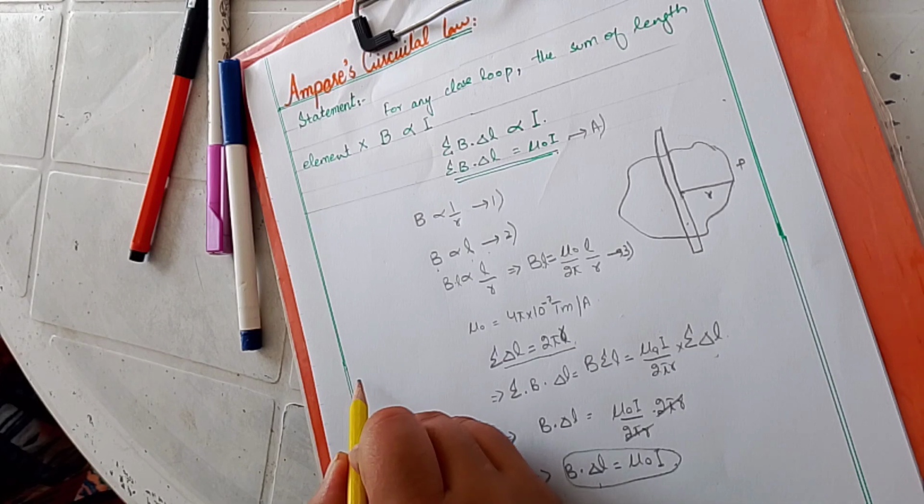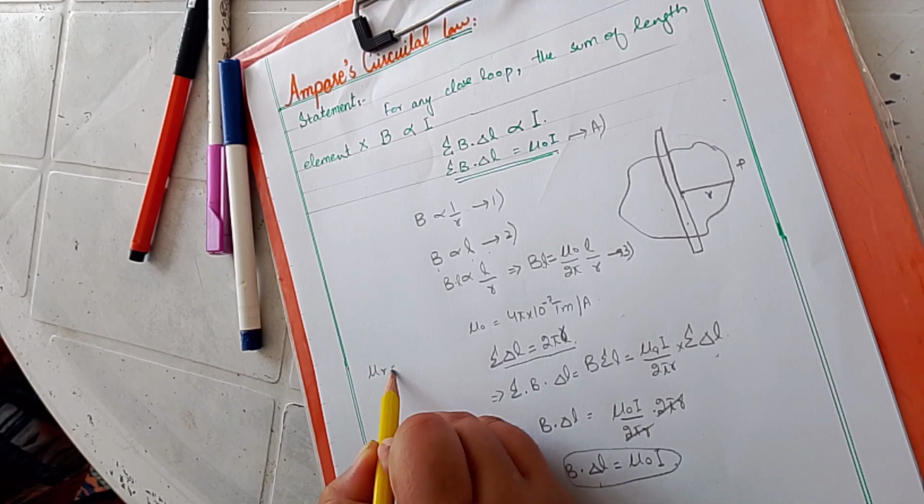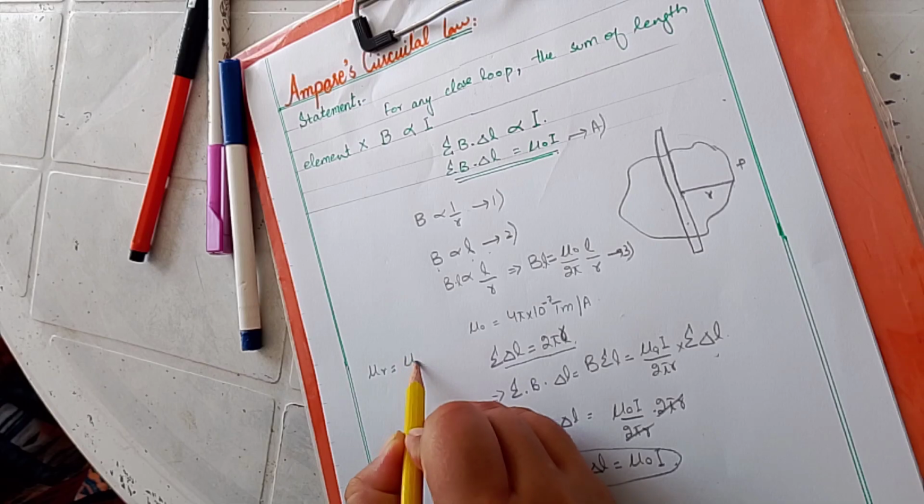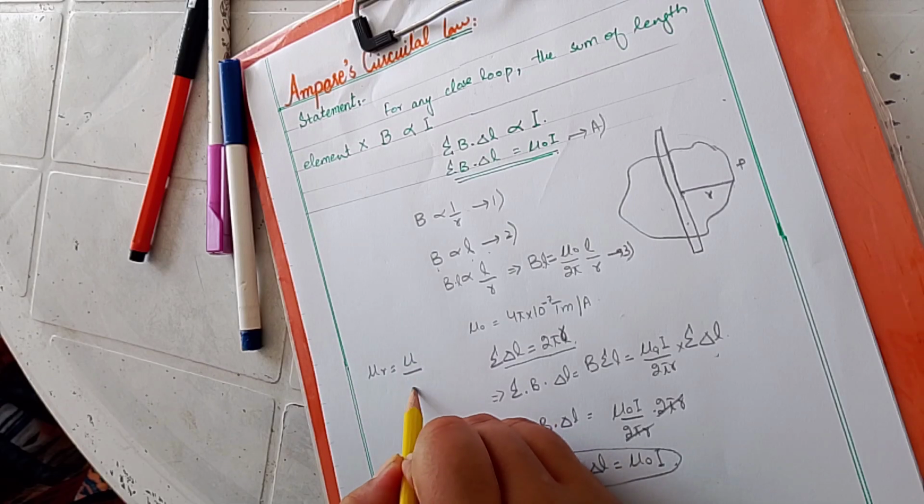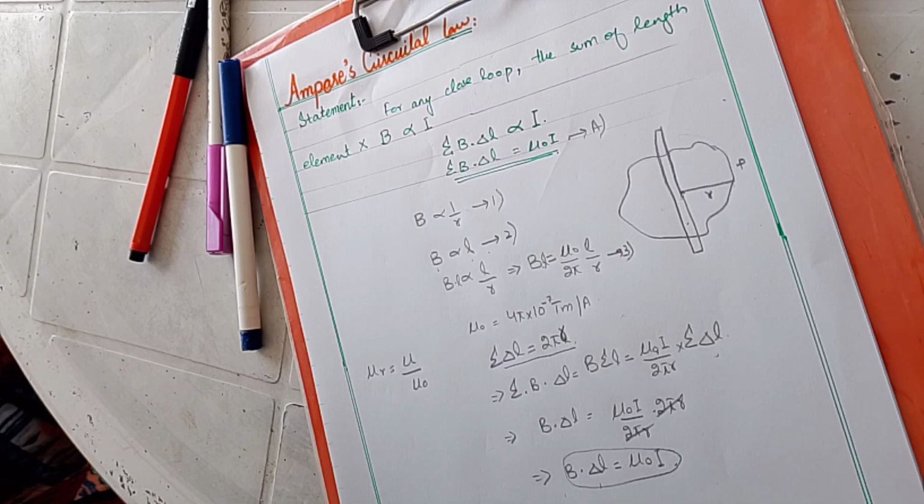So what is the formula to find relative permeability? Relative permeability is equal to permeability of dielectric divided by permeability of free space. Because it is the ratio of two permeabilities, it has no unit, and if it has no unit, then definitely it is a dimensionless quantity.